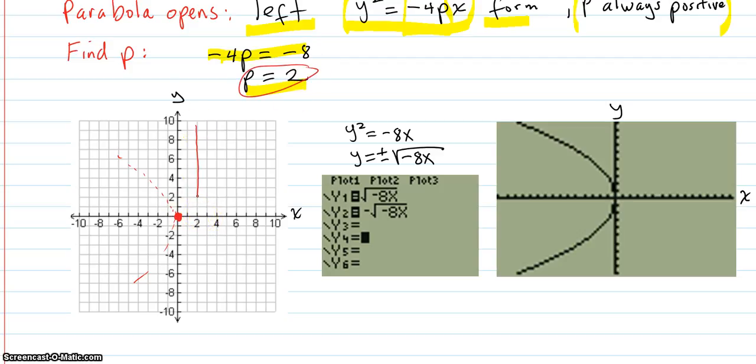Here is where the directrix is, and that's x equals 2, the directrix. And then inside the parabola, 1, 2 is the focus at negative 2, 0.